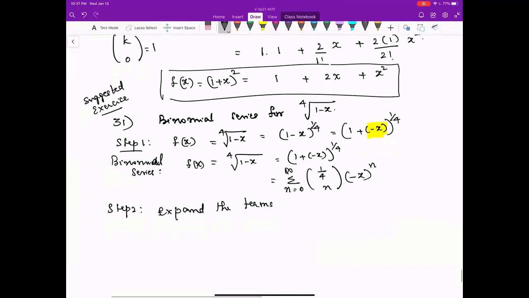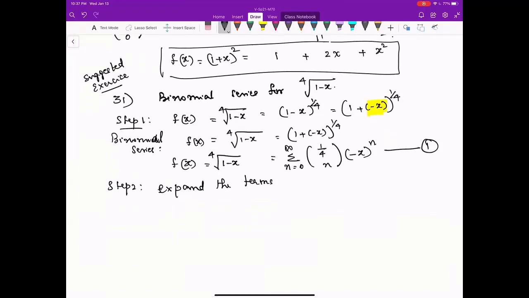Before we expand the terms, of course, we are going to get back to this step after we evaluate these coefficients. The first one is obtained by plugging in n equal to 0. So what is 0 chosen out of 1/4?